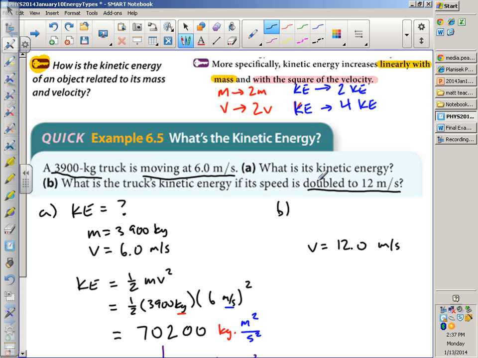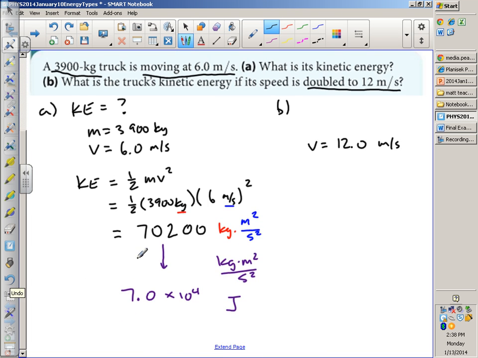So it says here that we're doubling the velocity. And we talked about the idea that if you double the velocity, what are you doing to the kinetic energy? How much is that going to go up? Not 2 times, 4 times, right? Because you got to square that velocity. So if we know how much kinetic energy the original one has, we can answer part B just by doing what to this number? Multiplying it by 4, right?